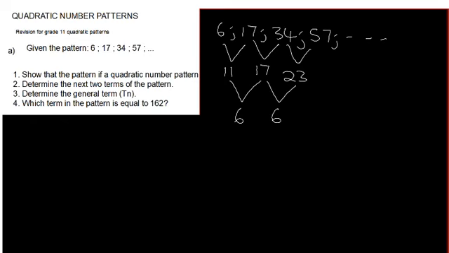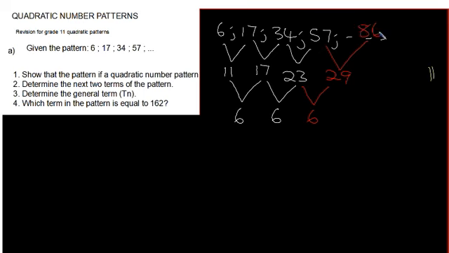And then getting the next two terms, I'll use red. Because the second line is constant, the next difference is supposed to be a 6. 23 plus 6 is 29, and then we add this 29 to 57, which is 86.